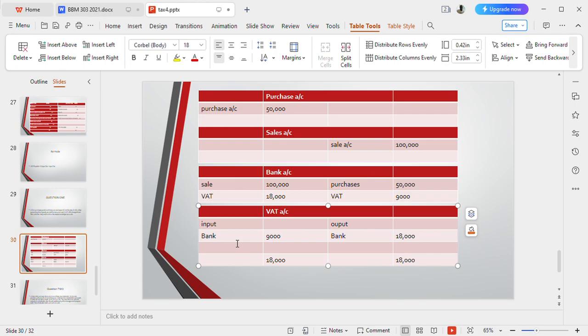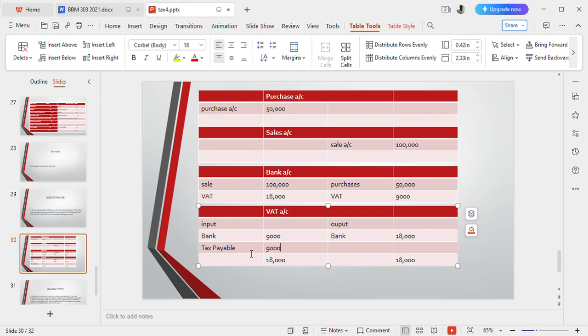So what we get is tax payable, which is 9,000.